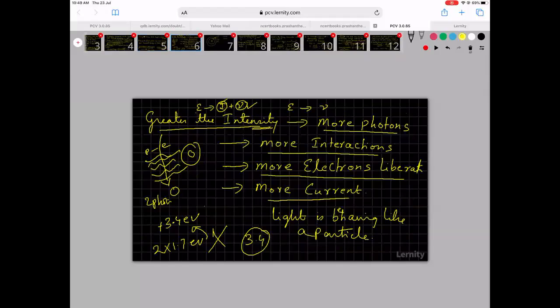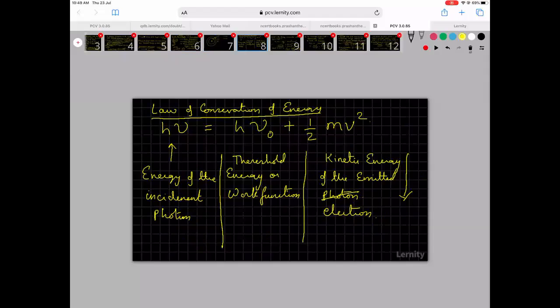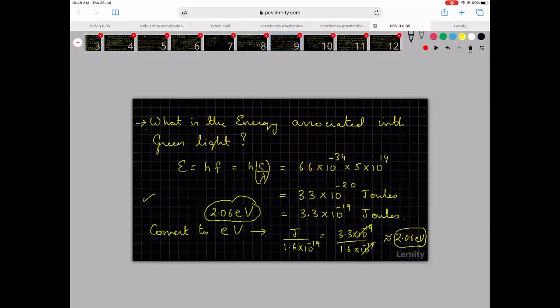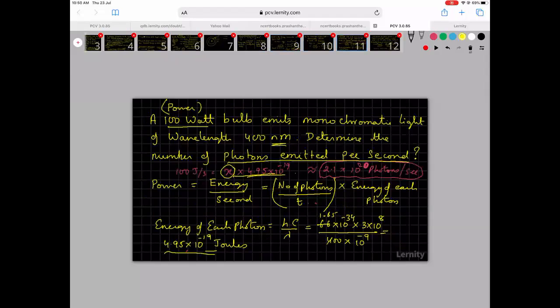Sixth slide. Seven, 8, 9, 10th, 11th, 12th.